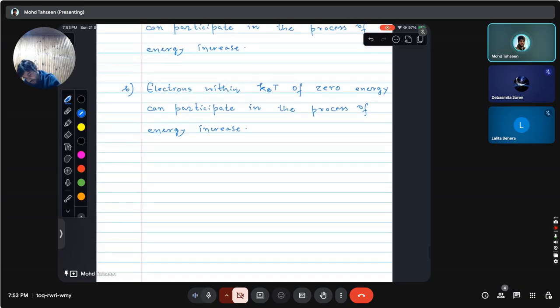Option C is that all electrons can participate in the process of energy increase.